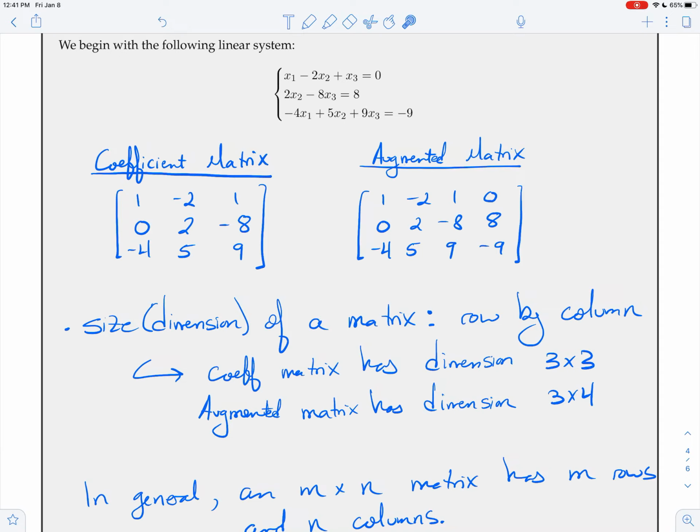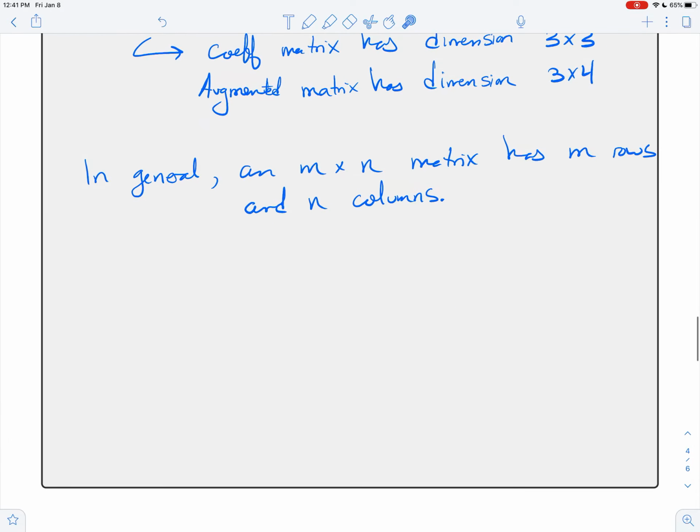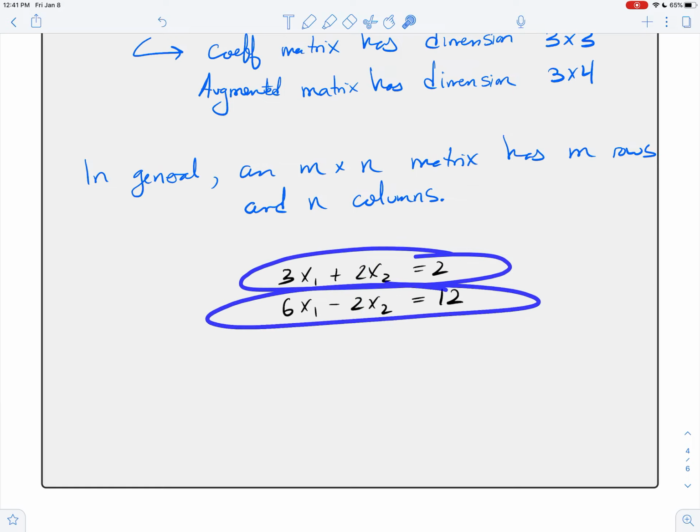Okay, so think back to how you would solve equations, maybe an equation like this. If I gave you 3x1 plus 2x2 equals 2, and then 6x1 minus 2x2 equals 12, you might say, hey, I can eliminate the variable x2 by adding this equation to that equation.